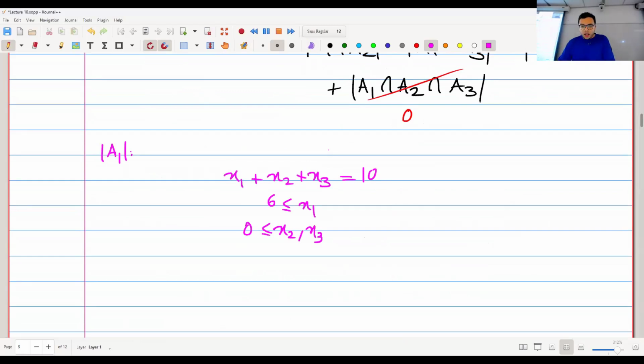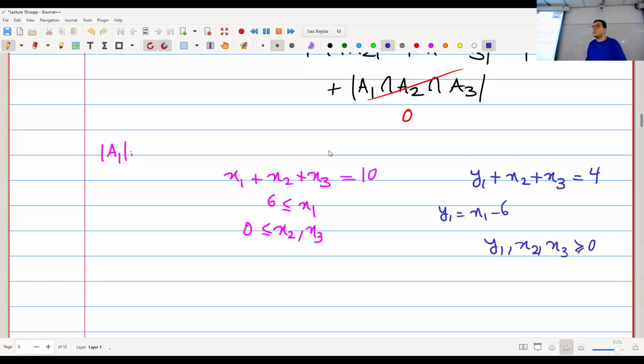Okay, now how do I do this? I just define a y1, which is x1 minus 6, right? And then I have y1 plus x2 plus x3 equals 4. And all of these variables should be greater than or equal to 0.